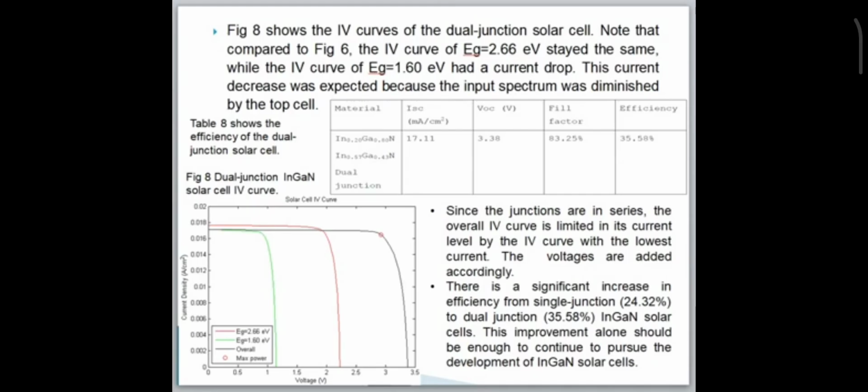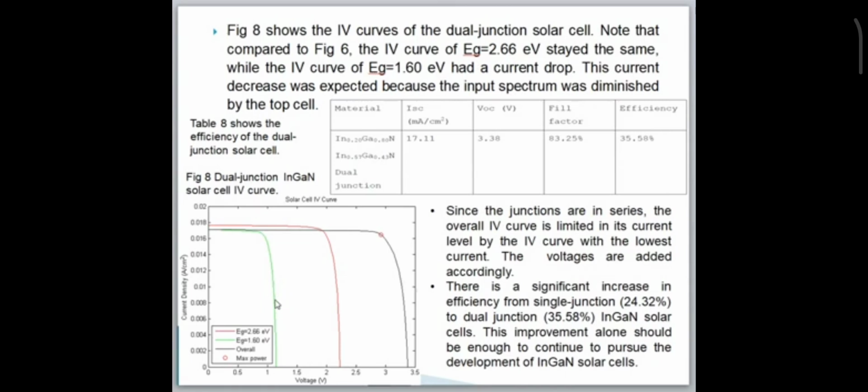But when we use both band gaps in a dual junction, the current voltage curve of band gap 2.66 electron volt has no change, but the 1.60 electron volt band gap had a current drop. This is due to the input spectrum being diminished by the top cell.